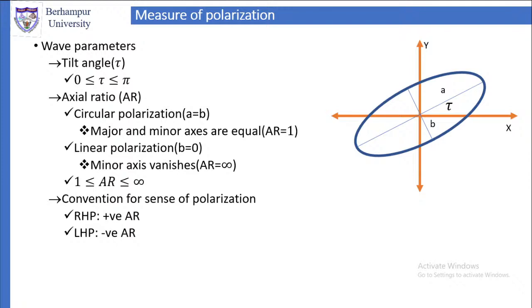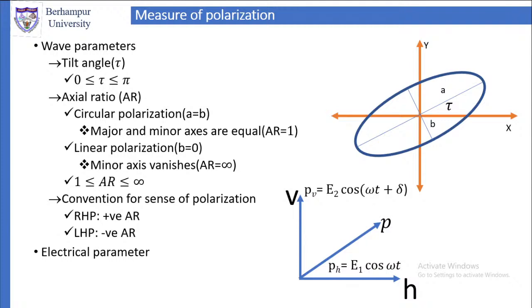Therefore, when we have an elliptical polarization, this is not design, now it is analysis. So we have an elliptically polarized wave. If you are going to analyze that elliptically polarized wave, then you require the electrical parameters. The electrical parameters are the components and the phase difference between the components.